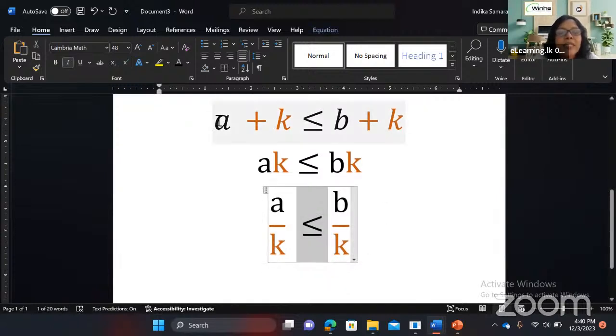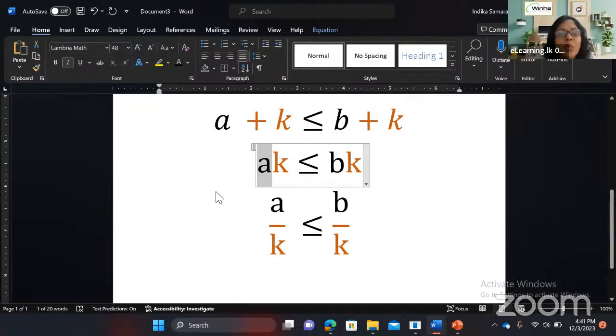So if A is equal to 5, 5 plus K is less than, okay. If A is equal to 5, B is equal to 6, then 5 plus 2 is always less than 6 plus 2. Right? If A is equal to 5 and K is equal to 2, B is equal to 6, right?